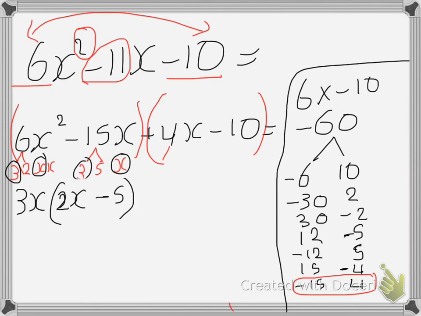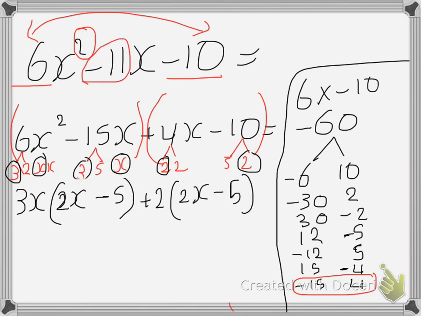Now, the next set of terms that we're going to factorize: 4 comes from 2 times 2, 10 comes from 5 times 2, so the common factor is 2. Again, we circle it, we write the positive 2 outside the brackets, and whatever is left is 2x for the first term, and the next one is 5.